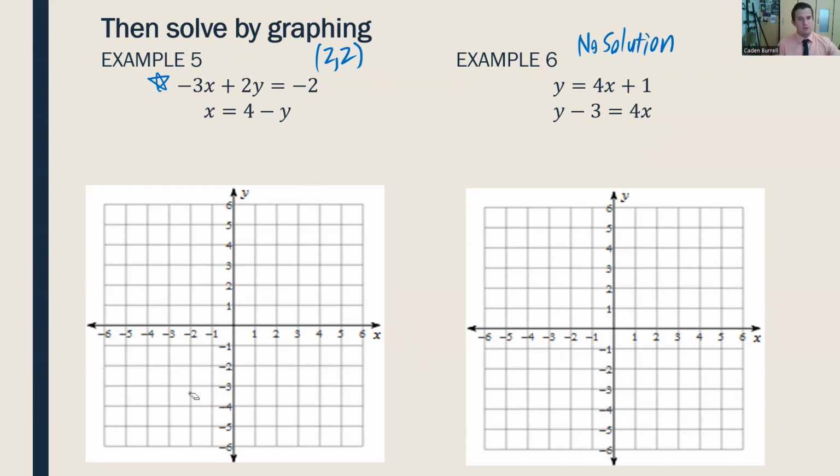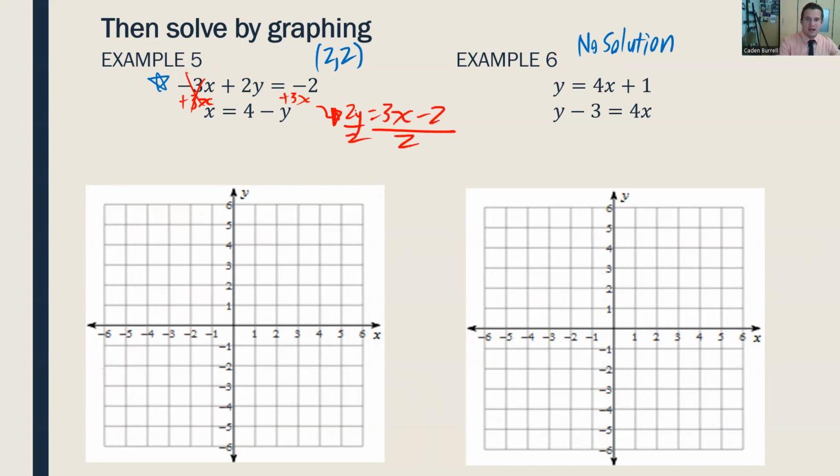So let's do that. In order to solve these by graphing, first of all, I need both of them in slope-intercept form. Let's take this first one. I need to get y by itself, so I would add 3x on both sides, giving me 2y equals 3x minus 2.